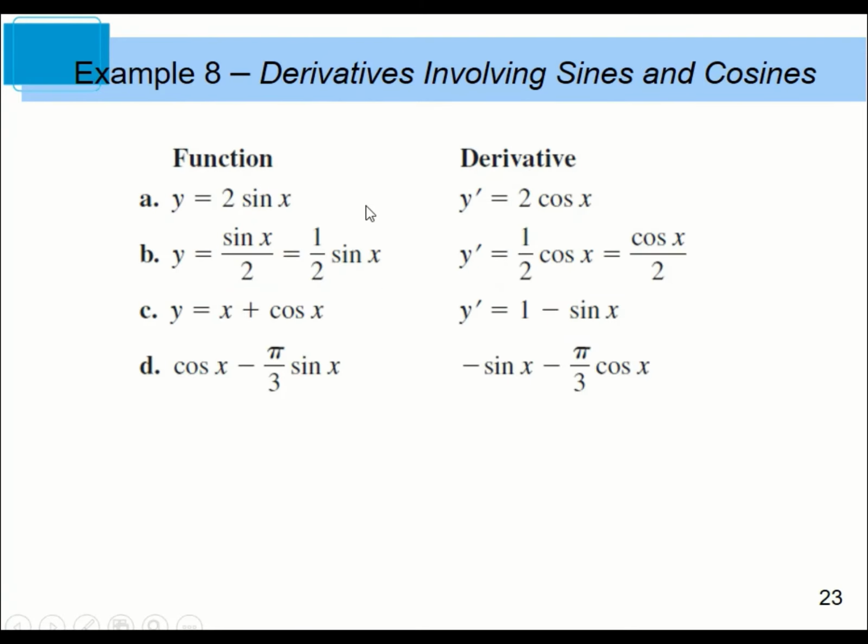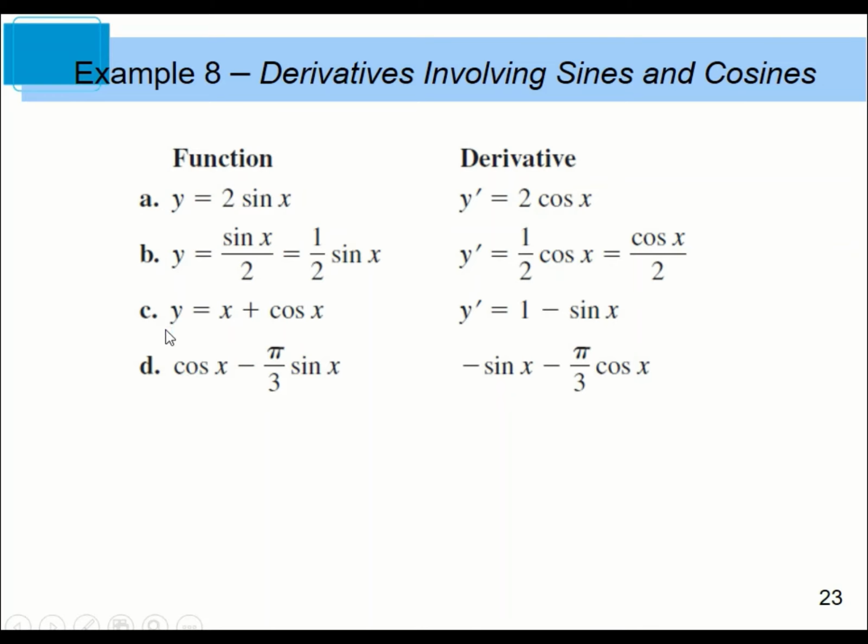Let's see some examples. Differentiate sine, we have cos, so we have 2 cos x for y prime. For question B, y is sine of x over 2. When we differentiate sine, we get cos, so we have cos of x over 2.